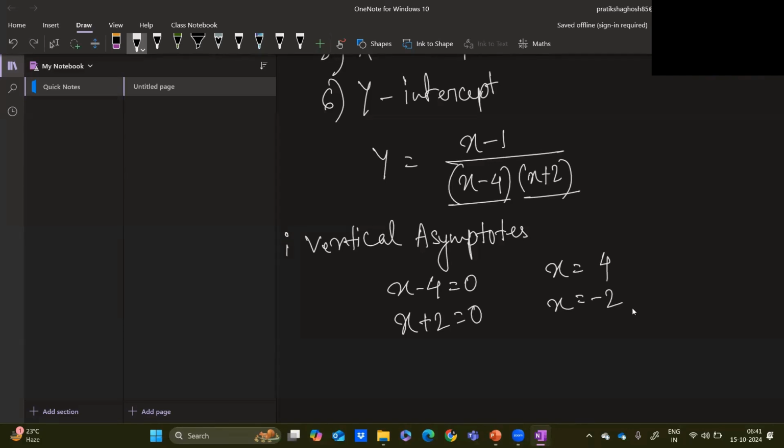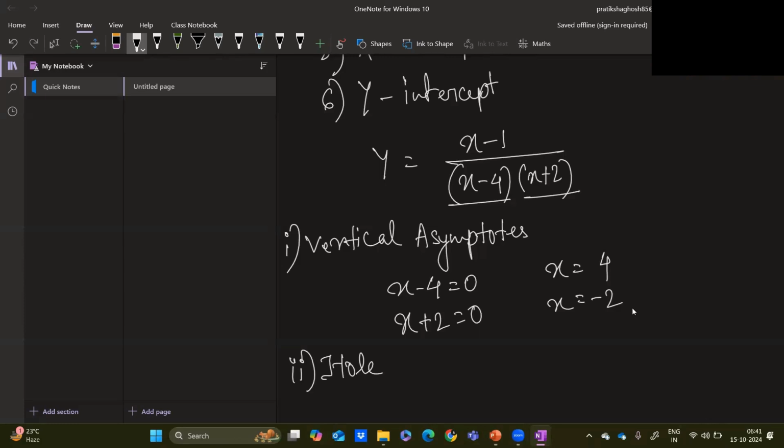Question number 1 was this. Question number 2 was, are there any holes? Do we not state any restrictions? These are the basic ones we are doing, so we don't have to state any restrictions.